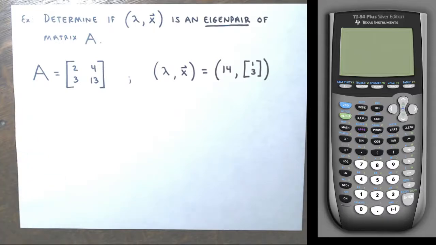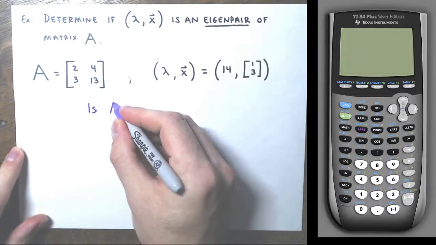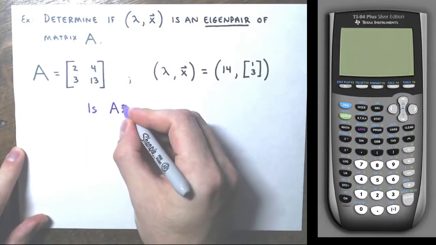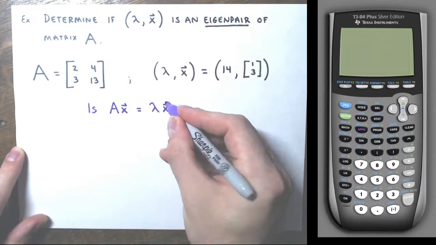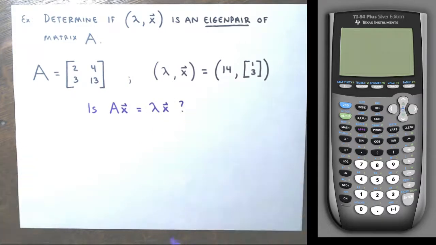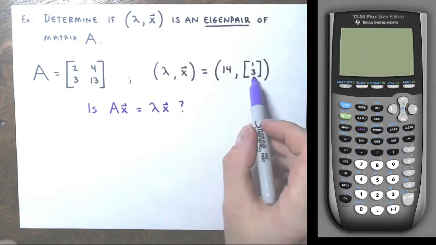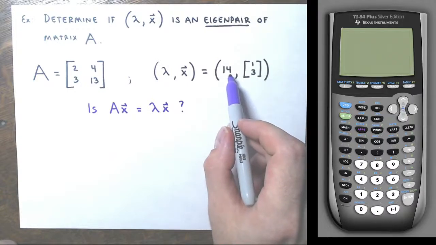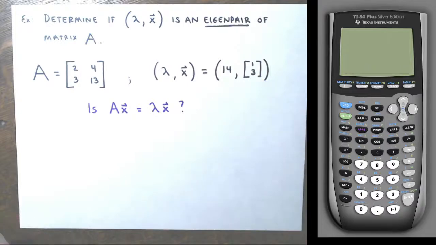So the big question I'm trying to answer here is this: is A times x equal to lambda times x? If the answer is yes, great. This is an eigenpair. You would call 1, 3 an eigenvector, and 14 an eigenvalue of the matrix A corresponding to 1, 3. And then this is an eigenpair, as I said.